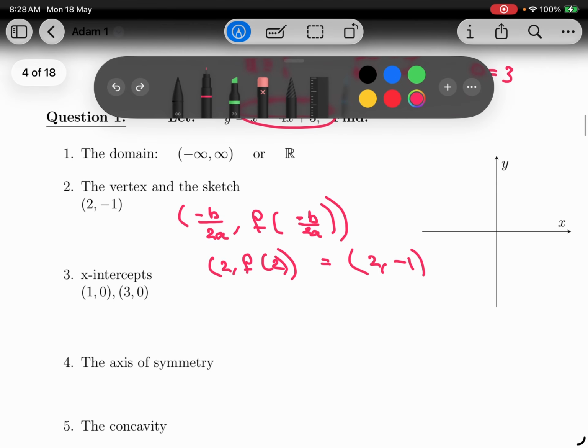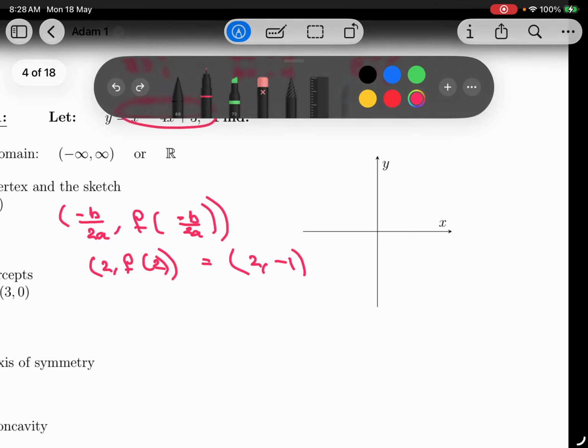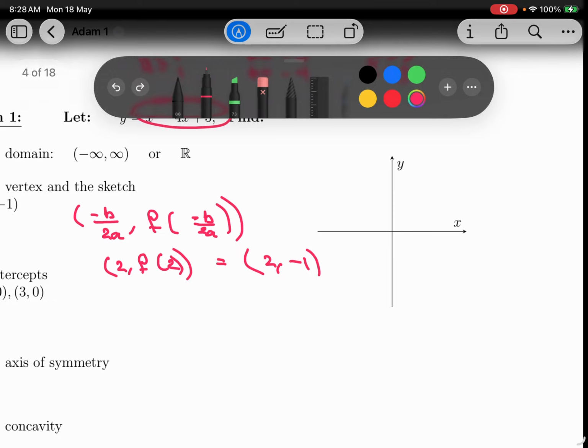So we know, guys, what the vertex is, and the vertex will be helpful to sketch. Sketch means not a very accurate graph, but a graph that helps guide us to find the rest of the properties. So 2 and minus 1 for me is here, for instance, it's fine.